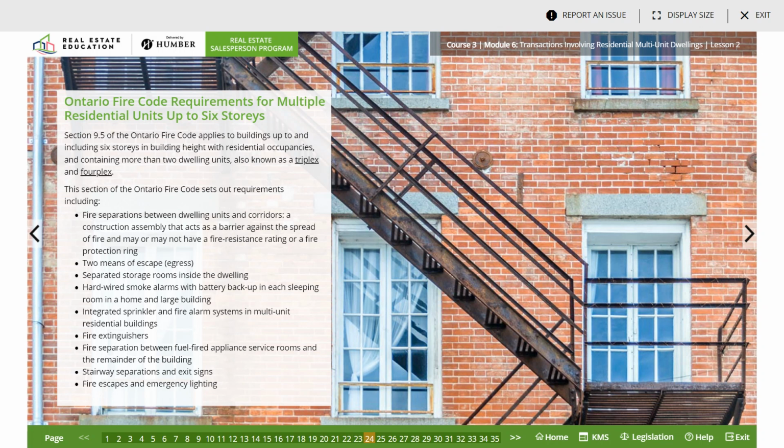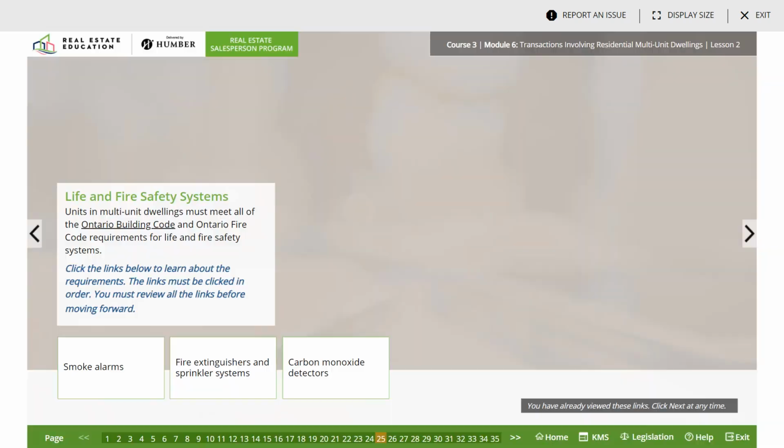Means of escape, separated storage rooms inside the dwelling, hardwired smoke alarms with battery backup in each sleeping room in a home and large building, integrated sprinkler and fire alarm systems, fire extinguishers, fire separation between fueled fire appliance service room and the remainder of the building, stairway separations and exit signs, fire escapes, and emergency lighting. So this is the fire code requirements.